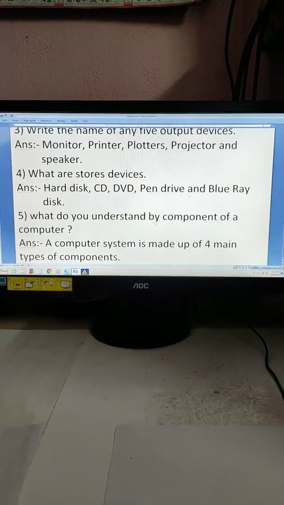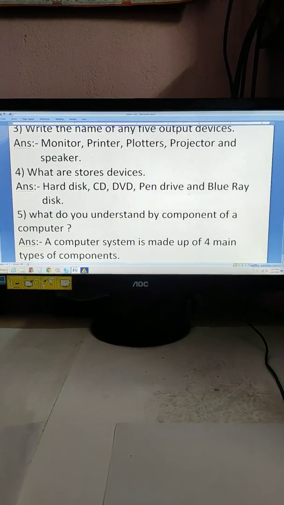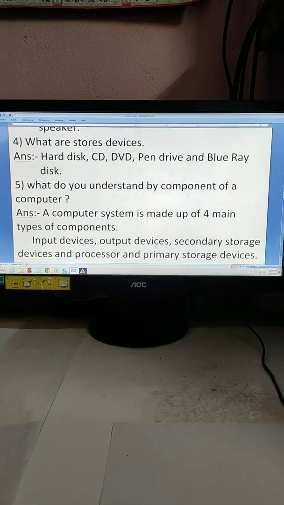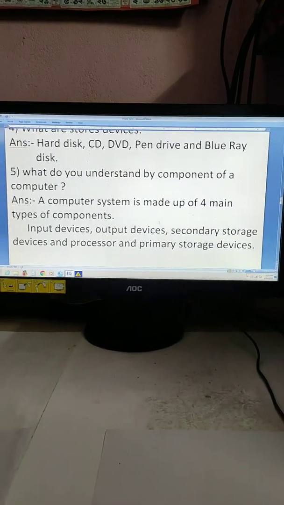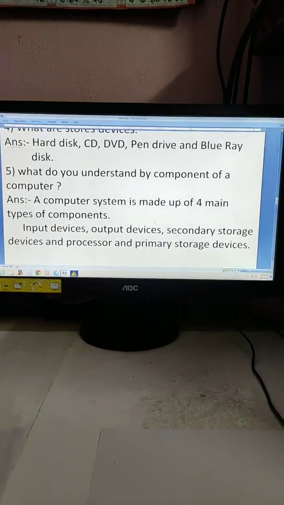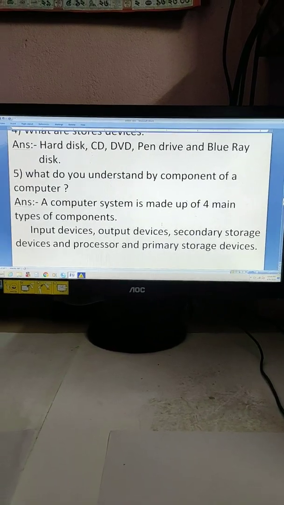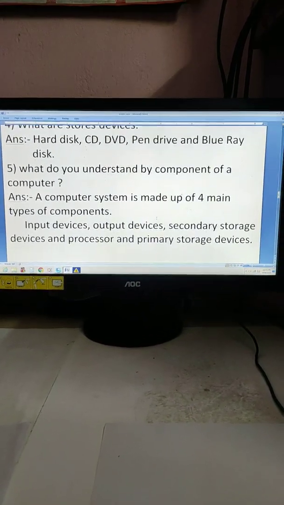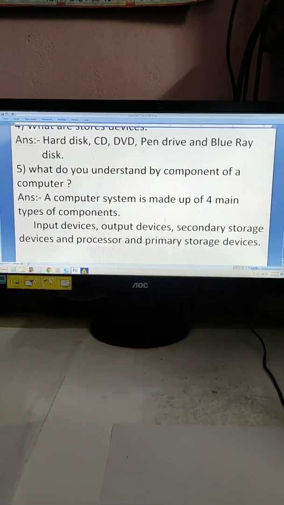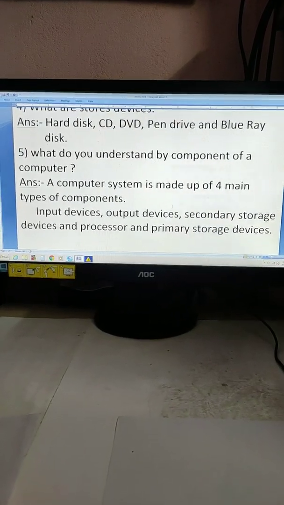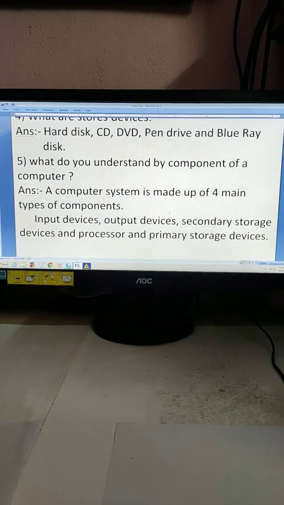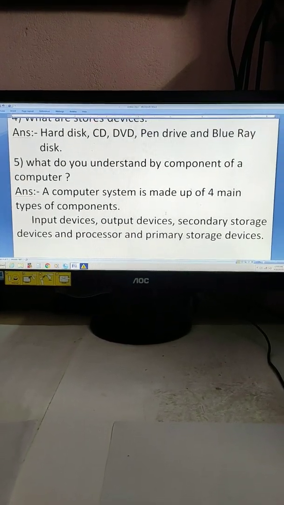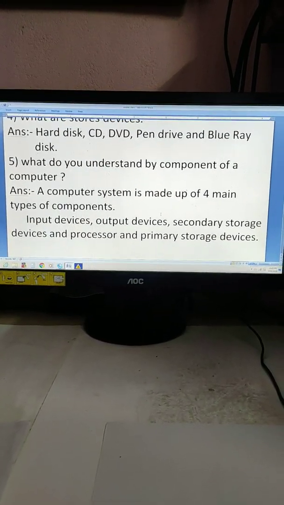Now number 5, what do you understand by components of a computer? Meaning, what are the components of a computer? Our computer system is made up of 4 main types of components: input devices, output devices, secondary storage devices, and processor and primary storage devices.